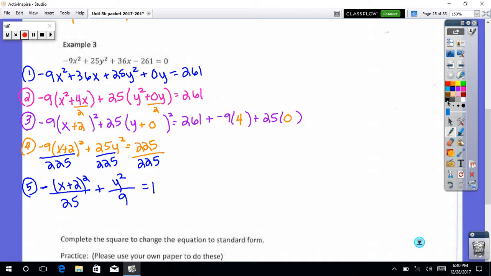And of course you know this is a hyperbola, which means the minus has to be in the middle. Here's my minus right here in front of my x, so I'm literally swapping places. Swap the places, and that is it.